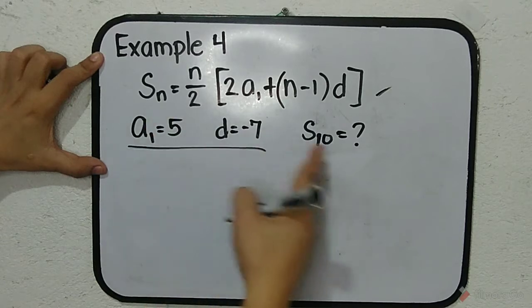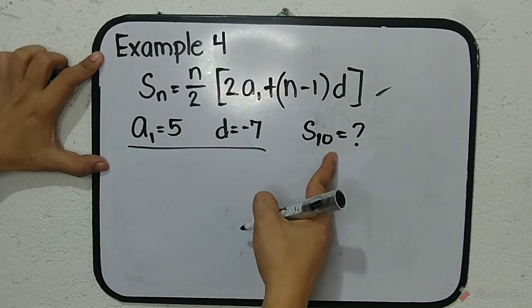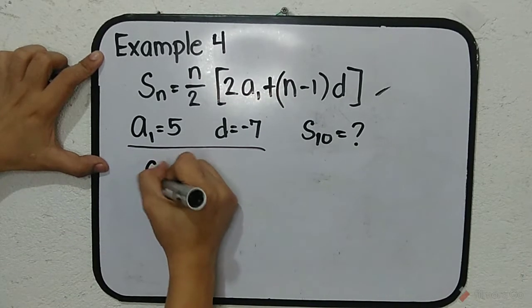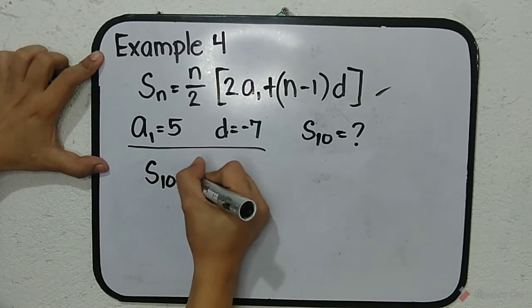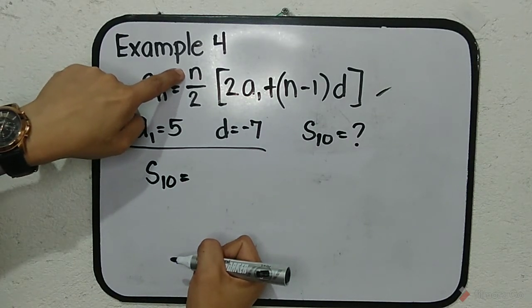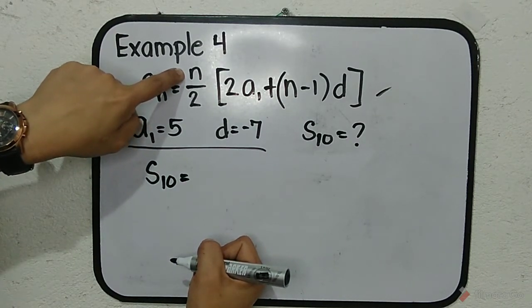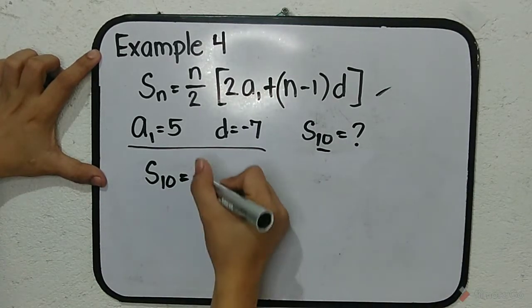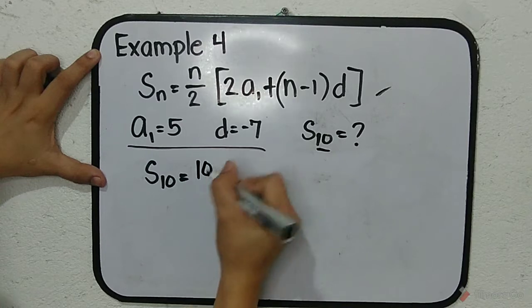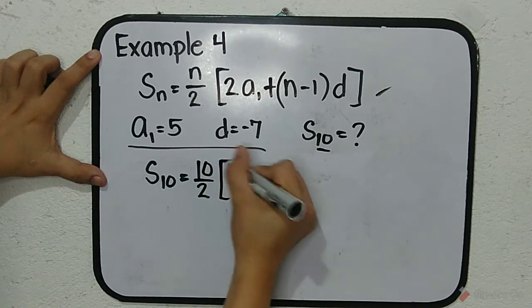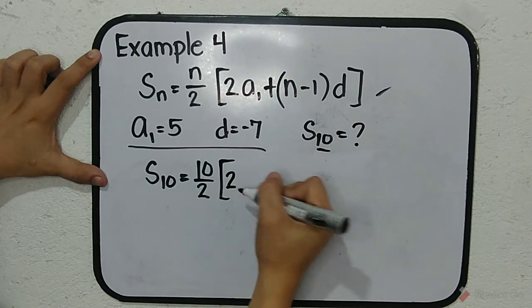So S sub n, summation ng ating 10 terms ang hinahanap. So S sub n equals, once again, ang ating n dito ay number of terms na hinahanap natin. So, n is equal to 10. We have 10 over 2. Next, let's have 2a sub 1.